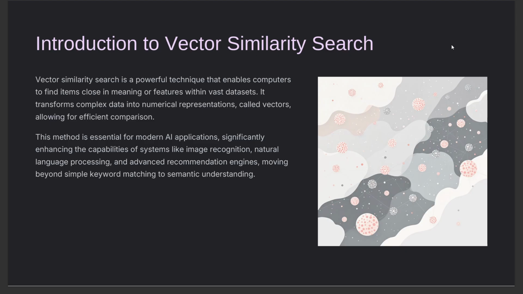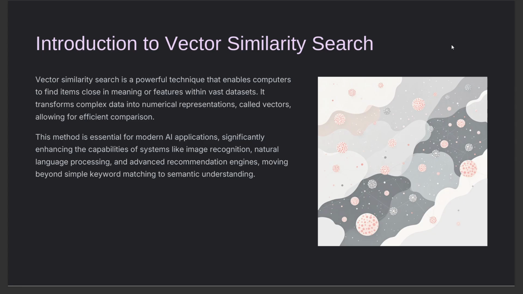Introduction to vector similarity search. Let's begin with the introduction. Vector similarity search, often called VSS, is a technique that helps computers find items that are similar in meaning or characteristic, not just in keywords.